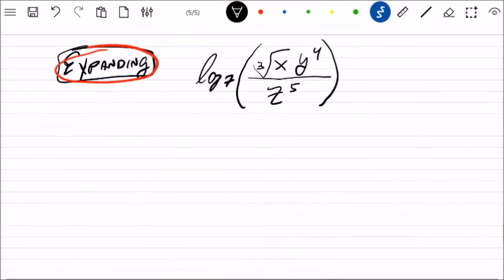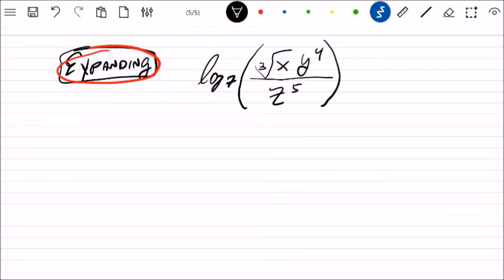All right. There are numerous things we're going to do. We're going to have to take care of the fact this is dividing. We're going to have to take care of this cube root. We're going to have to take care of that 4th power and that 5th power. So that's like 4 different things we're going to have to do. And the first one is take care of that.